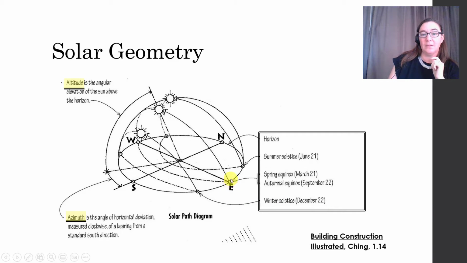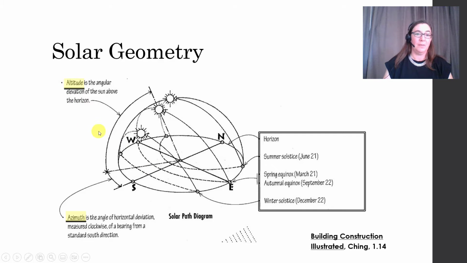When the sun rises here on the horizon, this circle indicates the horizon. When the sun rises, it comes up in the sky all the way up until noon and then sets over towards the west. You can describe the sun's position in the sky using two angles, altitude and azimuth.